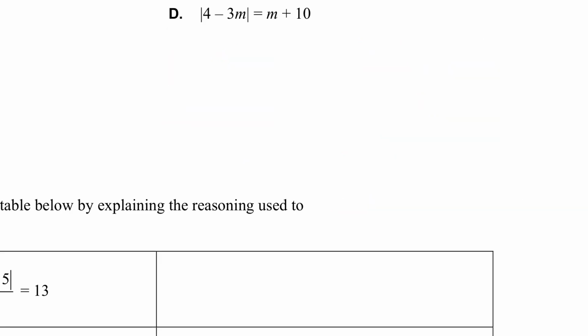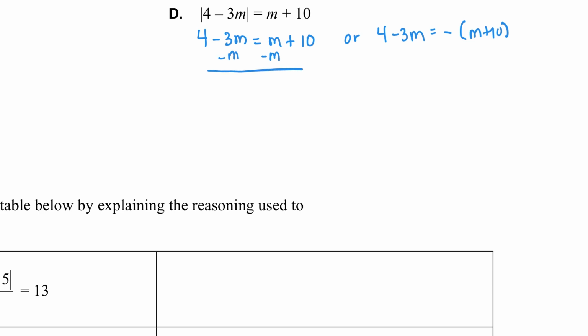We're going to work on the next absolute value equation. Once again, we have 4 minus 3m is equal to m plus 10, or 4 minus 3m is equal to negative, and then you have your parentheses, m plus 10. Okay. So let's go ahead and subtract m from the right side, and I will subtract m from the left side.